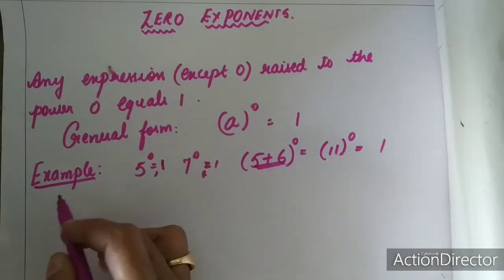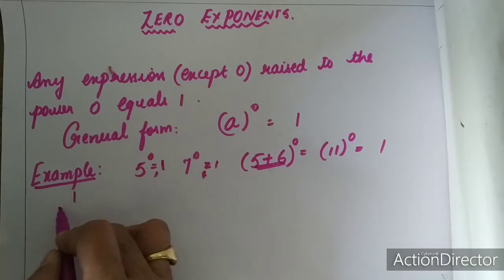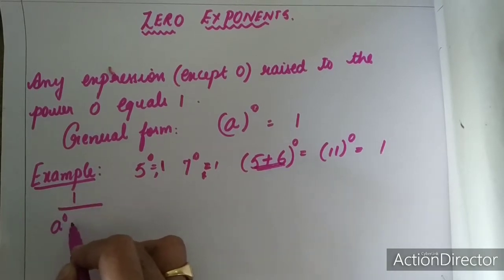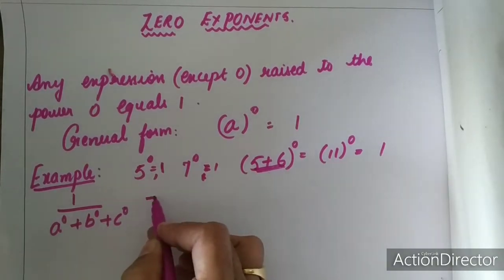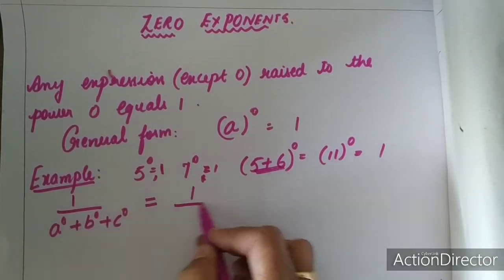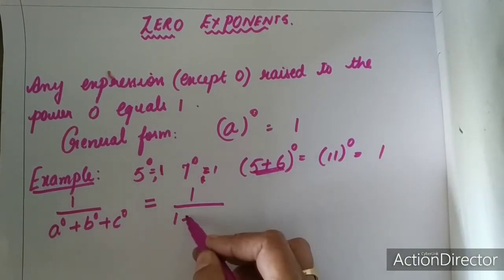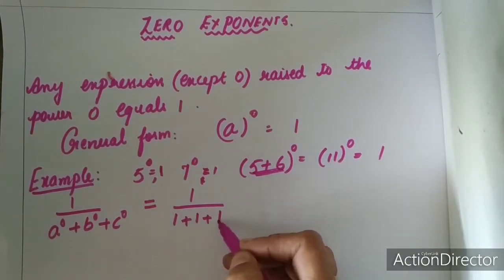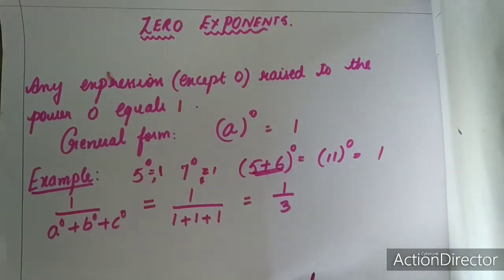Let us see some more examples. For example, if you have the sum 1 upon a power 0 plus b power 0 plus c power 0. This is equal to 1 upon, what is a power 0? a power 0 is 1, b power 0 is 1 and c power 0 is 1. So this will be equal to 1 upon 3.